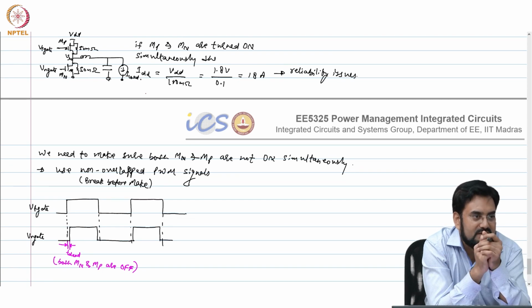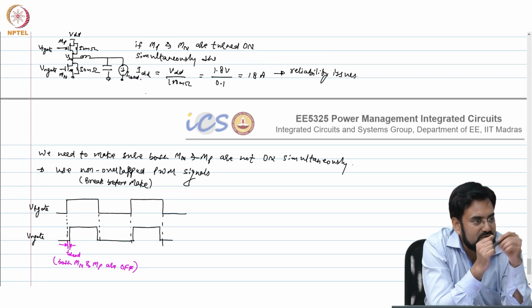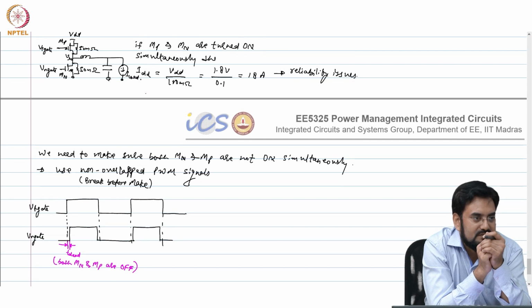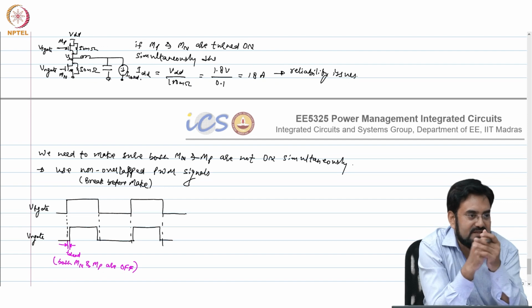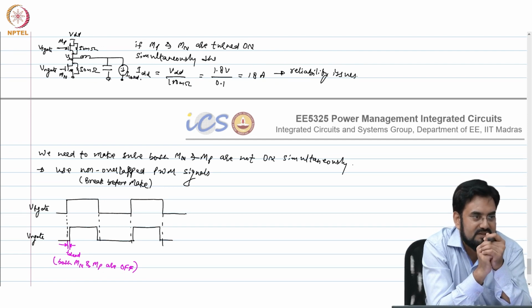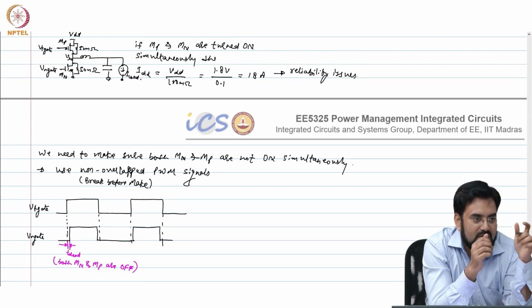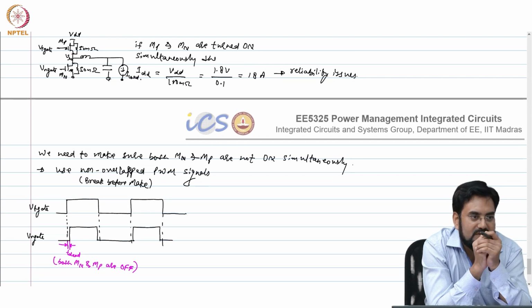Current cannot be zero, so where will that voltage go? It will start going negative. And if it goes below the rating of these devices, it may even damage your device. So you should not allow this to go to a large negative voltage.